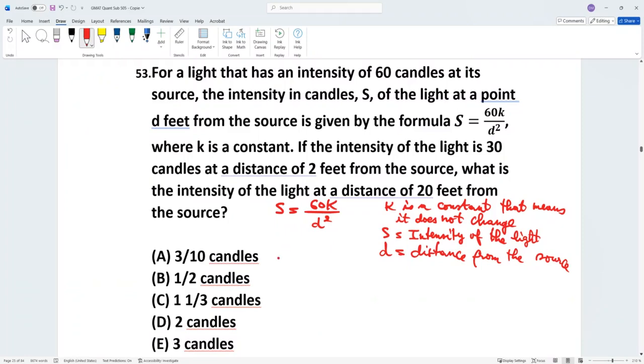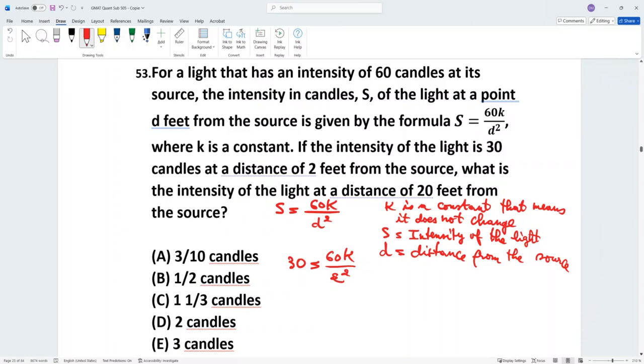Yes. So it says if the intensity of the light is 30 candles at a distance of 2 feet, that means that 30 is equal to 60K over 2 squared, because the distance is 2 feet.